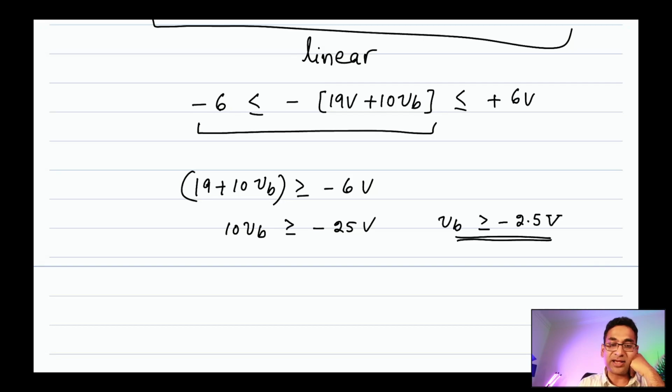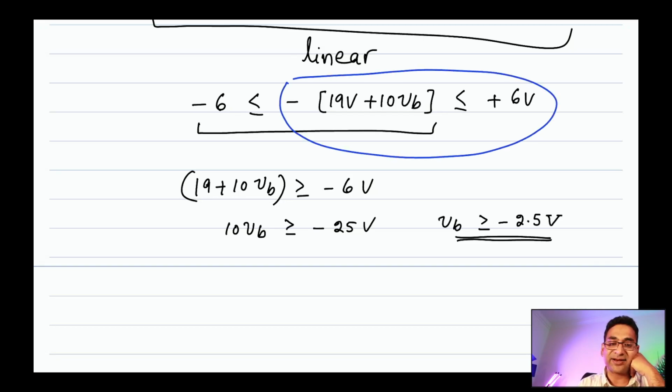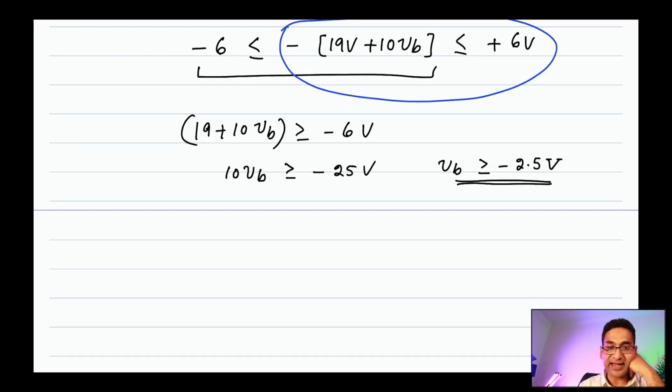Okay, let's evaluate the other condition, which is simply taking this side of the inequality. Okay, 6 volts should be greater than or equals to negative 19 volts plus 10 VB.